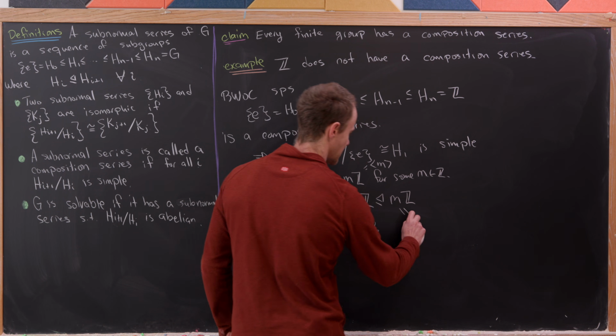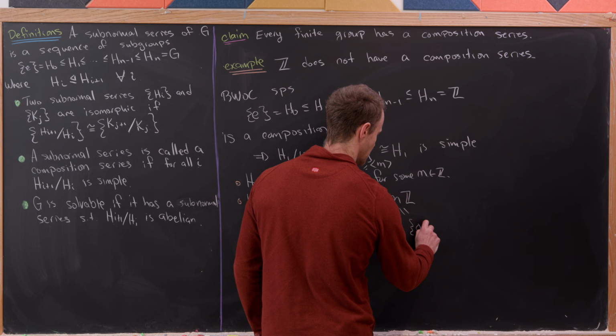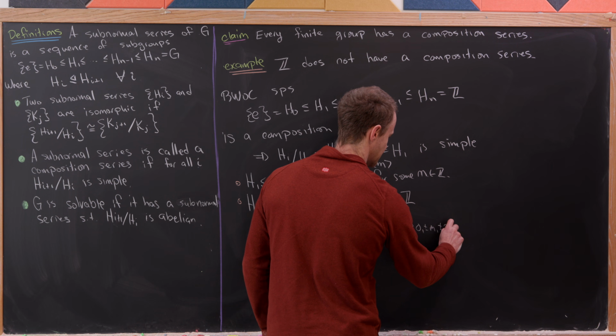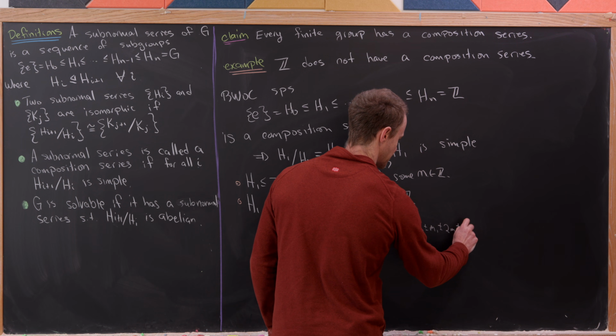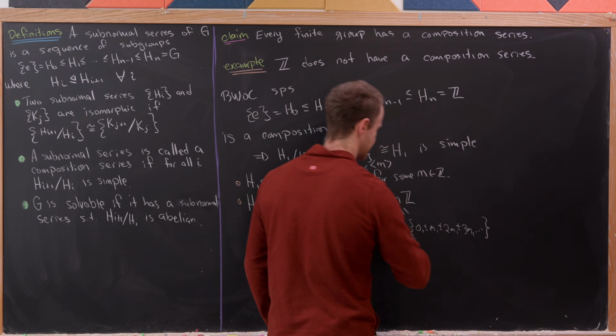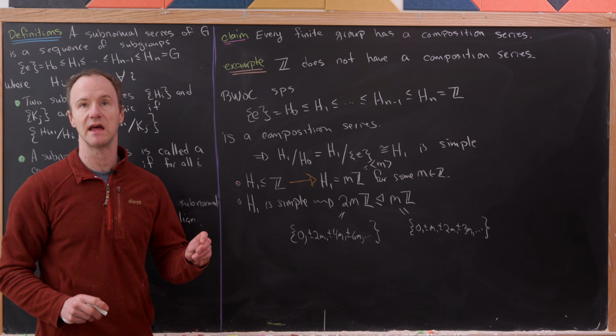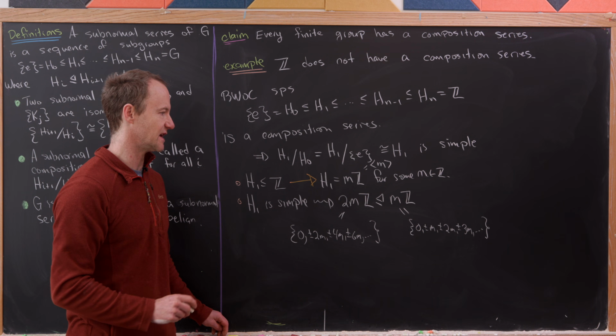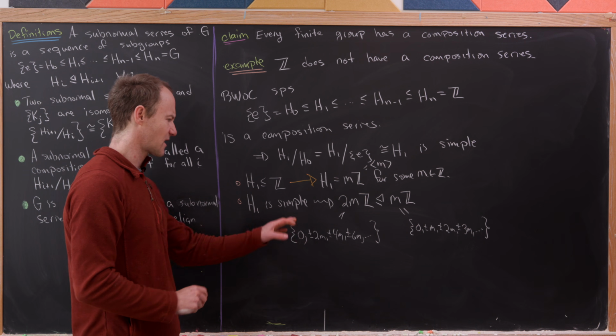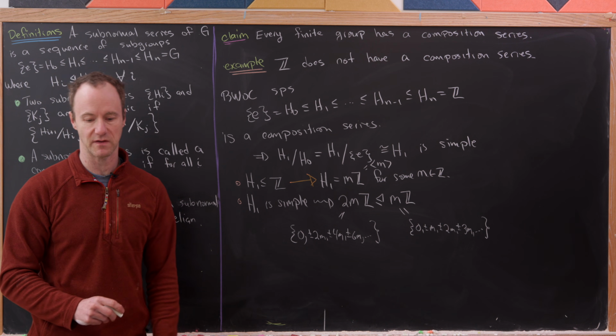Whereas this thing right here has all of the elements 0, plus minus m, plus minus 2m, plus minus 3m, and so on and so forth. So it's clearly a subgroup. And then again, like I said, normal because everything is abelian. But that contradicts its ability to be simple in the first place.